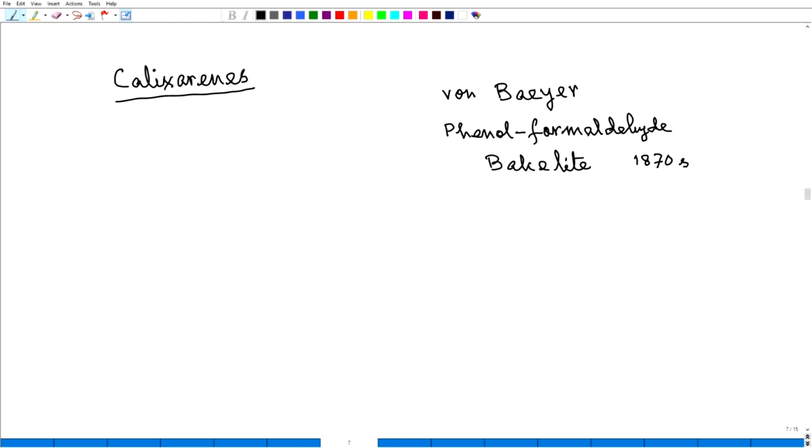Okay. So, now what happens is, if we do para substituted phenols, then it was discovered that para substituted phenols, those were unsubstituted phenols, and this is para substituted phenols, react with aqueous formaldehyde.